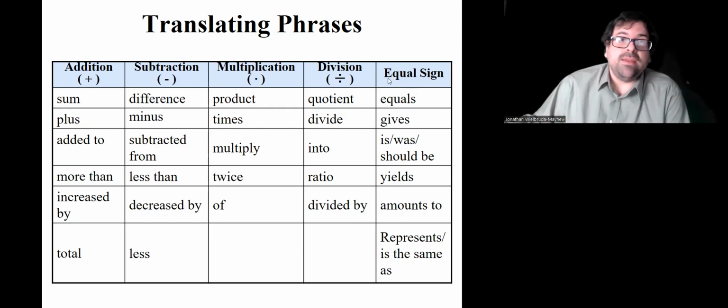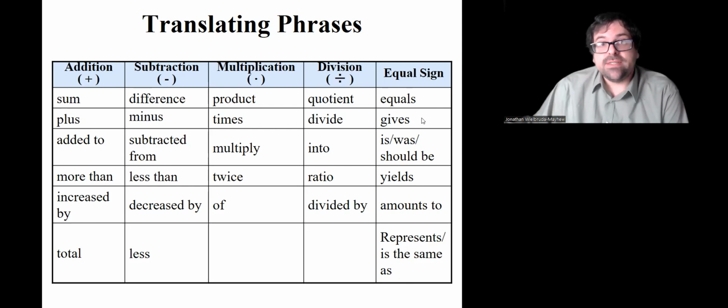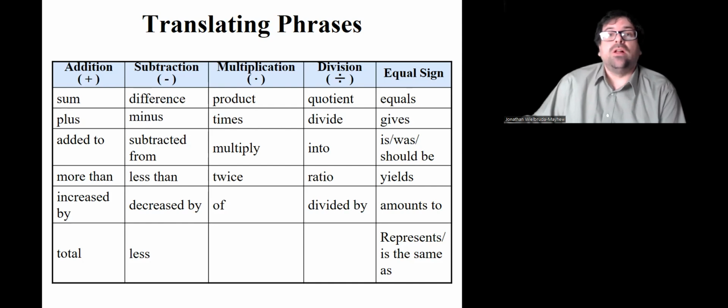And words that mean that we have our equal sign are words like equals, gives, is, was, should be, yields, amounts to, represents, or simply is the same as. All of those mean equal sign.